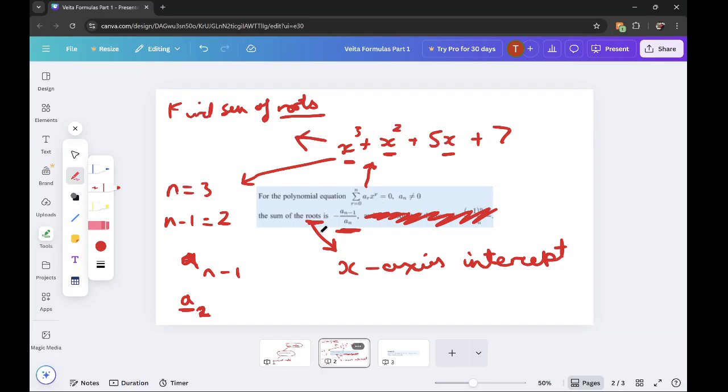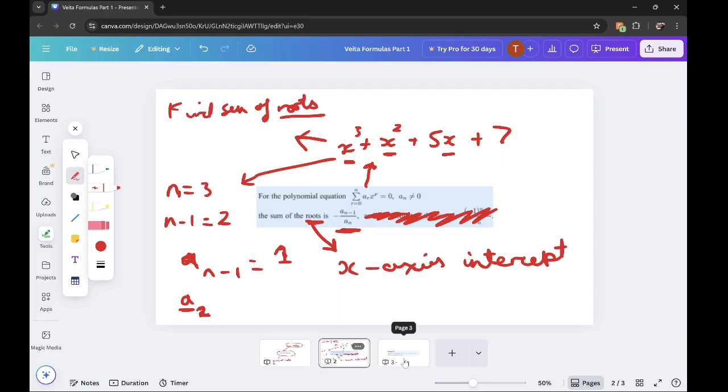Now, I hope that makes sense. So essentially, when they ask for a_(n-1), that just means the highest power of x minus 1, and then whatever that constant is. So n minus 1 means 2, so the constant would be 1, because the constant of x squared is 1.